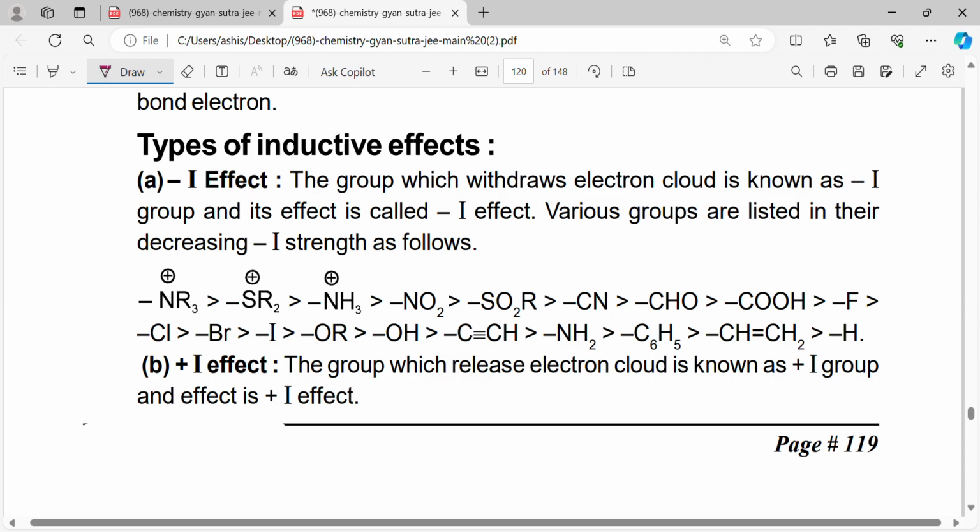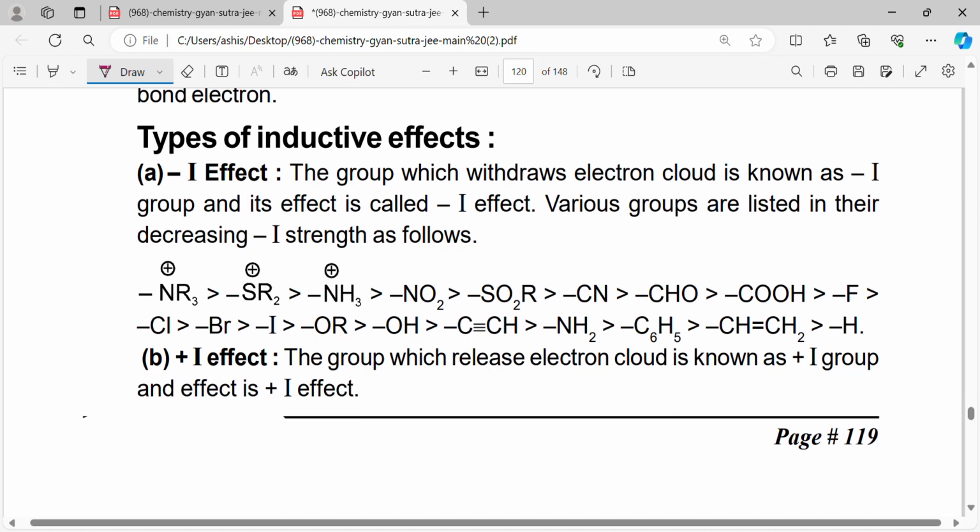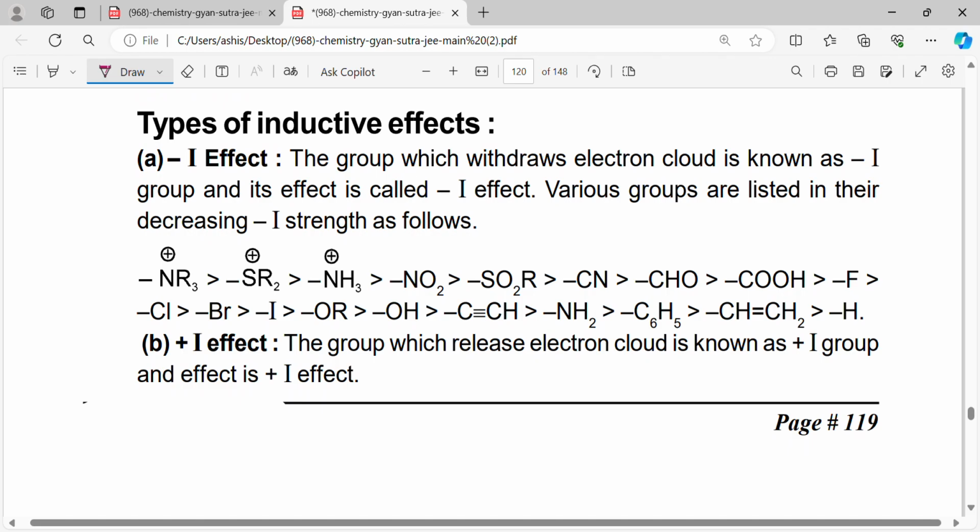Types of inductive effect we all know. Minus I effect: the group which withdraws the electron cloud is known as a minus I effect group, and its effect is called minus I. So that is a type of electron withdrawing effect through sigma bonds. So this order we have to always remember.